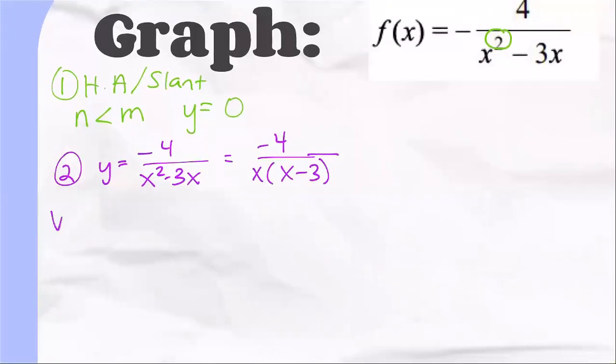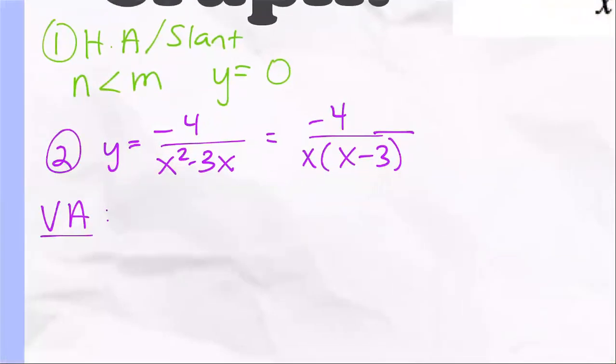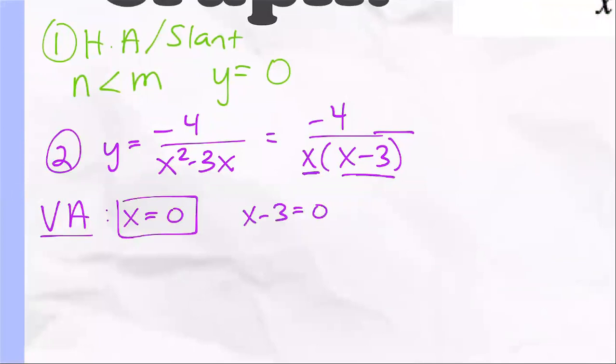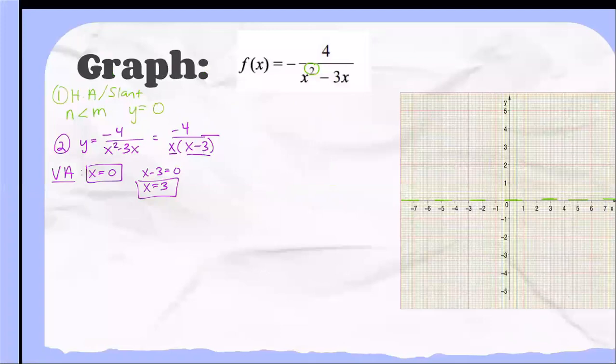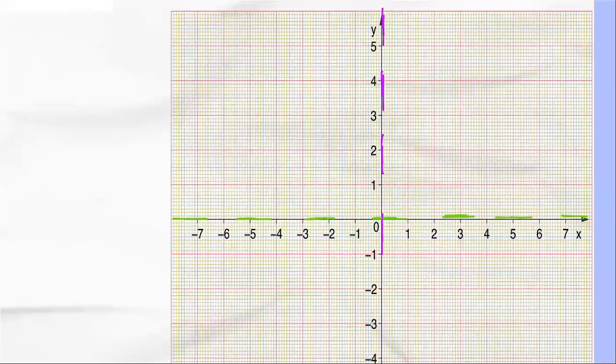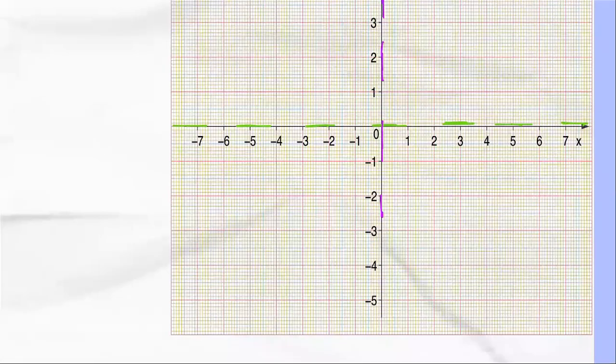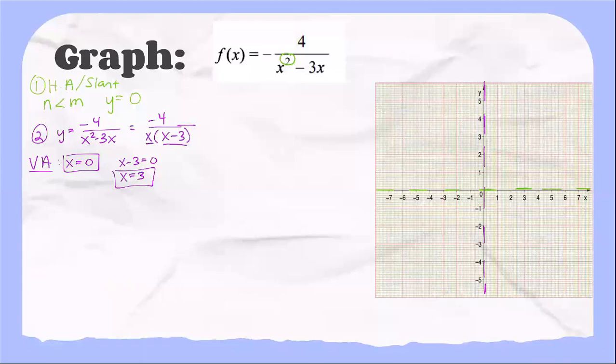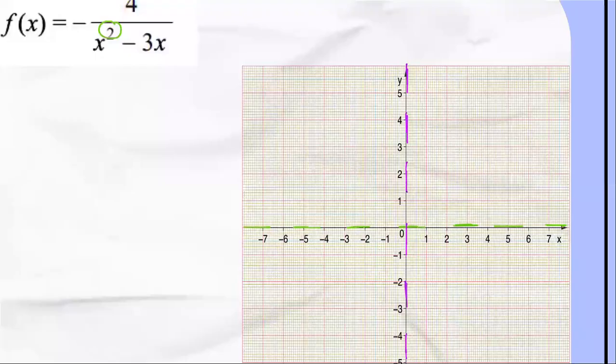However, I can find my vertical asymptotes by setting both my factors on the bottom equal to 0. So there's my first one, x=0. My second one is going to end up being x=3. So I have two vertical asymptotes, one at x=0. So here's a vertical asymptote. And then one at x=3.